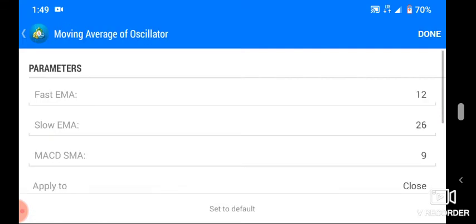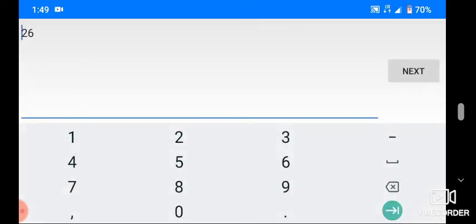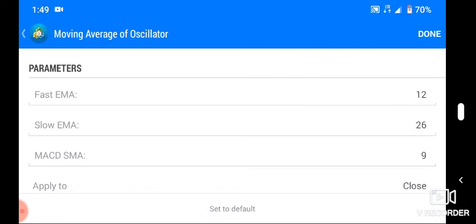Yeah, you have to enter 50. You start from 10, then after it will be 50. After 50 it will be 100. After 100 it will be 200, 300.